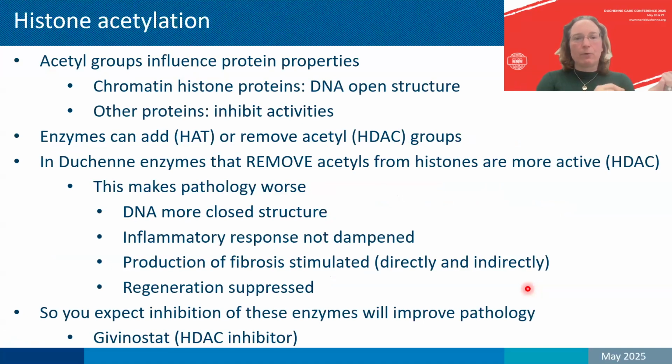We have acetyl groups, which are small chemical groups that can be added to a protein or can be removed. Basically, if you remove it, the protein will be in, say, turbo format, and if you add it, it will be in the eco type. So proteins can be very active, and then you add the acetyl group, and then they will be less active.